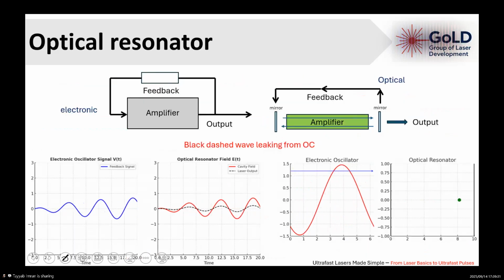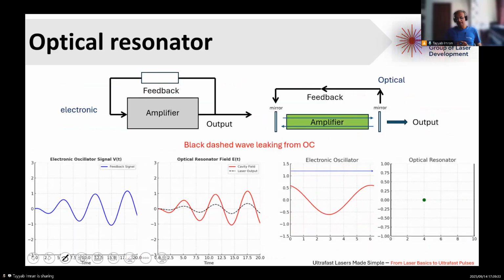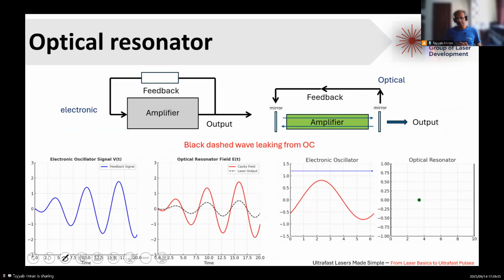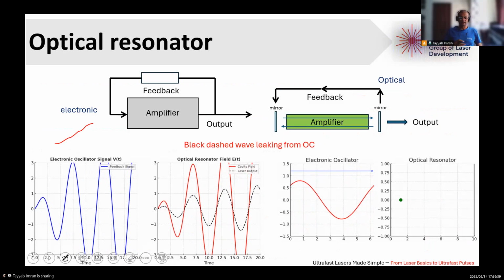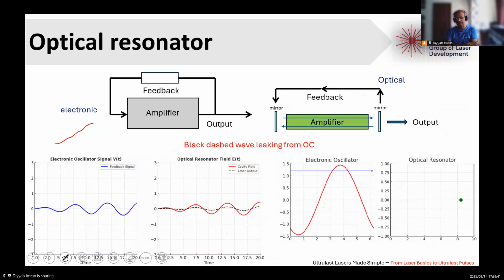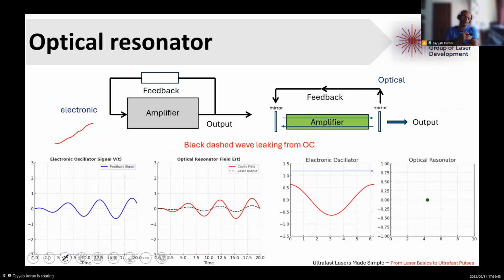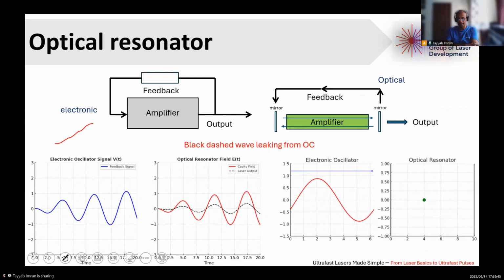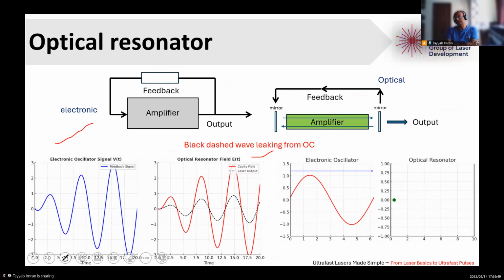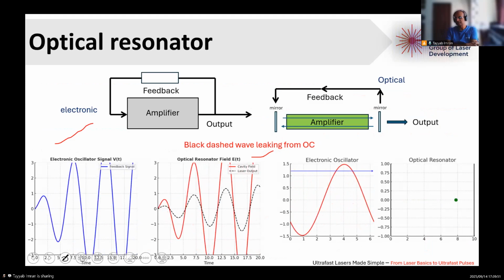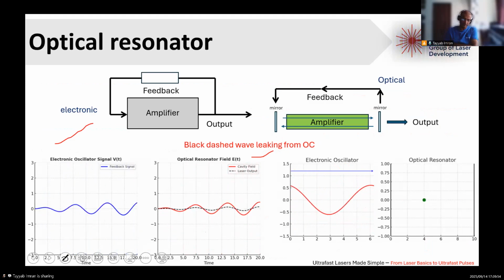What you see here in this animation is the electronic oscillator signal. The signal is maintained and amplified continuously. And the red one shows the optical signal, and there is a dotted line.